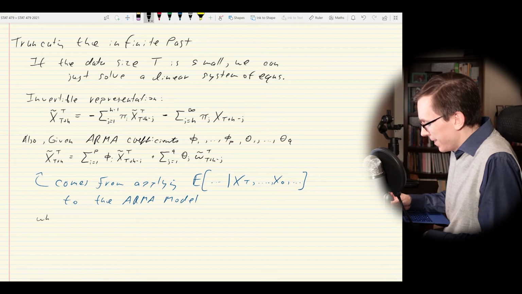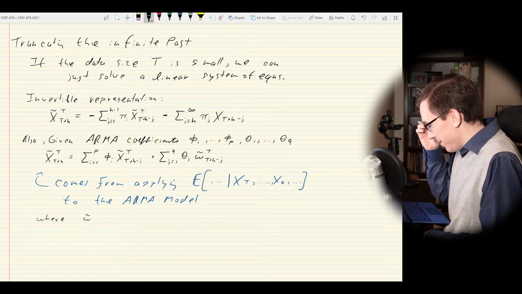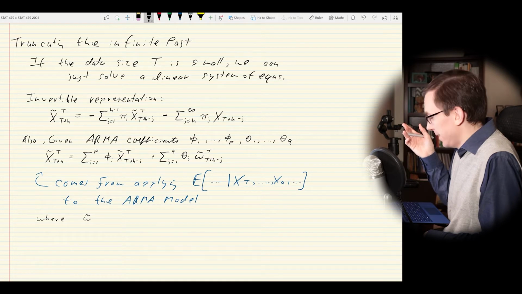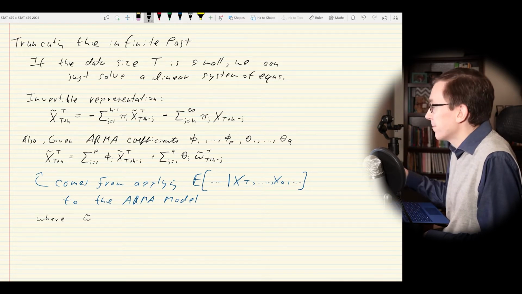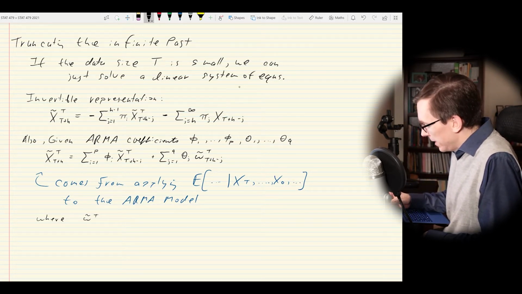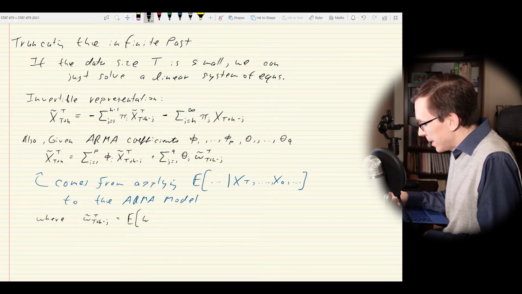We'll say where w tilde of, I guess it's a different notation, capital T plus h minus j is going to be the expected value of w t plus h minus j conditioned on, well, the data, just like I wrote in blue up above, into the infinite past.